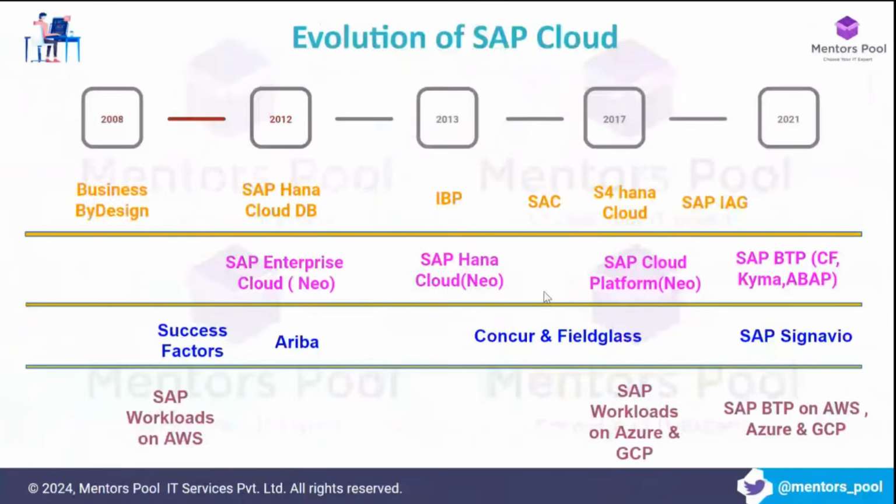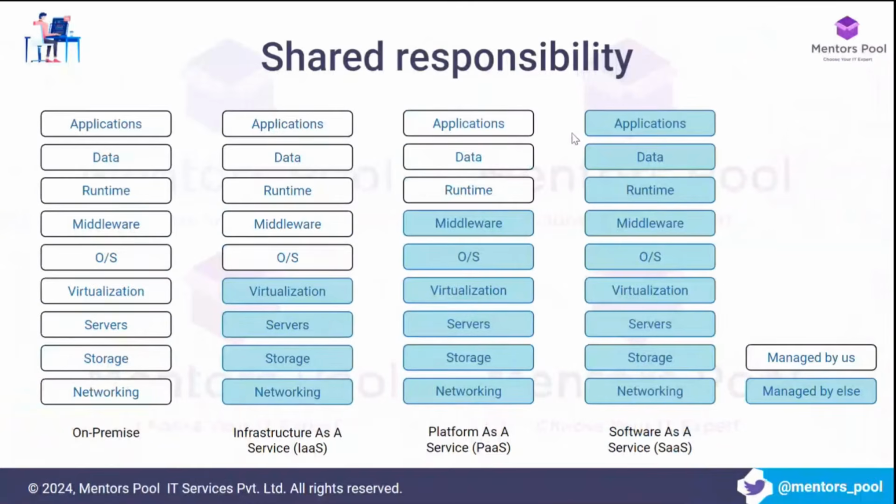If I go back to our cloud deployment models, SAP offers you platform as a service and software as a service. SAP doesn't offer infrastructure as a service directly, or on-premise. Of course it has on-premise, and if you're a security consultant, you know how to secure on-premise. Now the discussion is only cloud. So we have only two things to secure: platform as a service and software as a service.